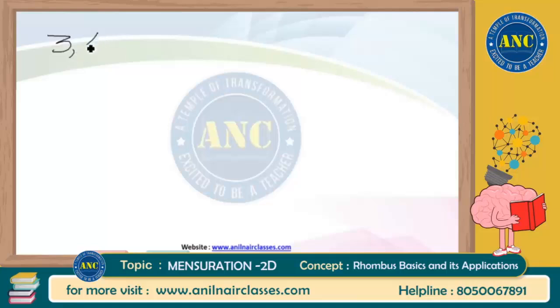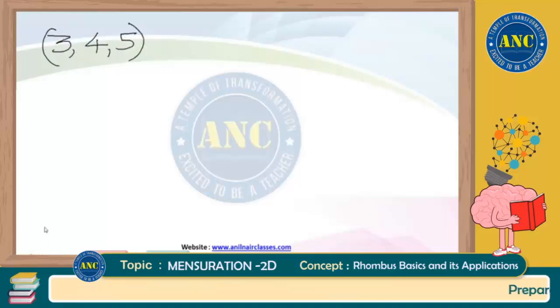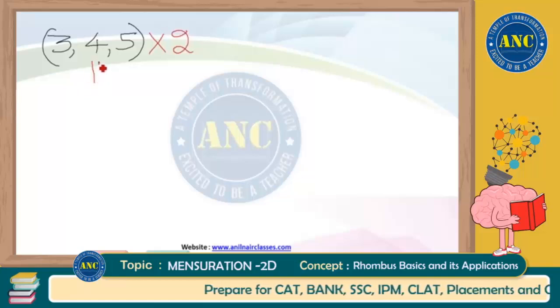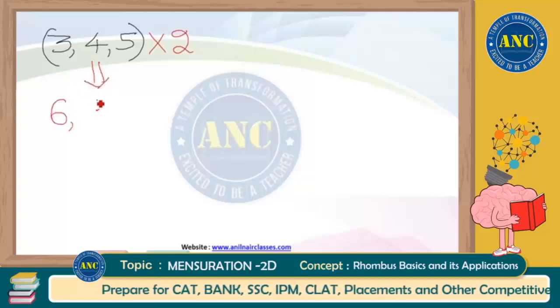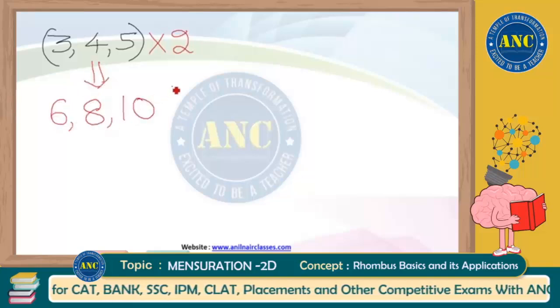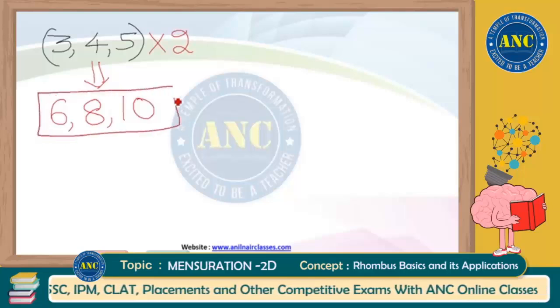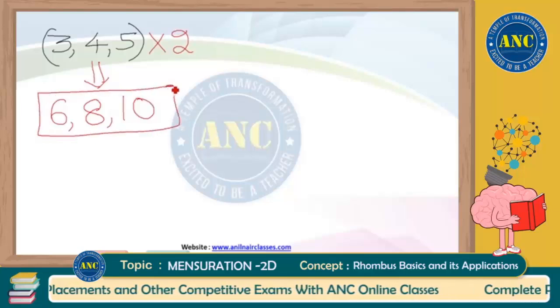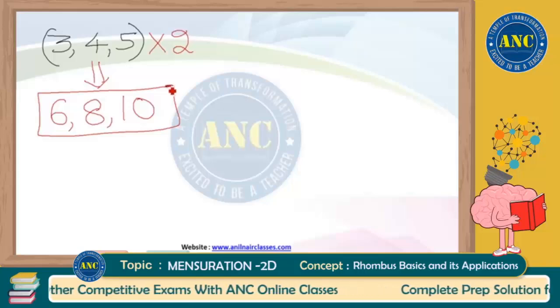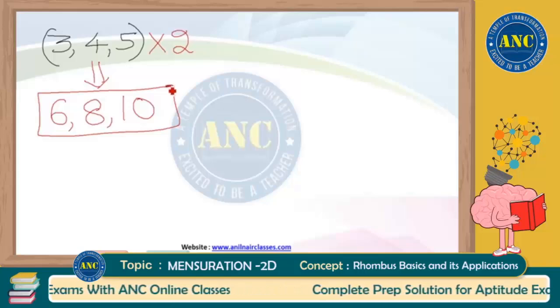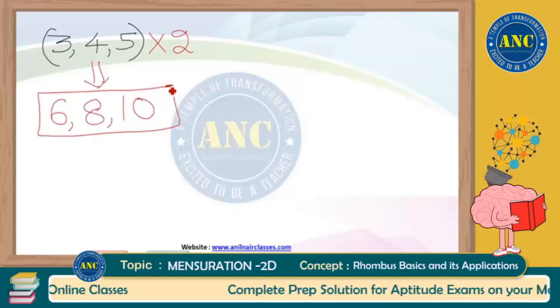Suppose, for example, I already told you that 3, 4, 5 is a basic Pythagorean triplet. I will multiply all these values by 2. This becomes 3 into 2, 4 into 2, 5 into 2: 6, 8, 10 is a derived Pythagorean triplet, derived from the basic Pythagorean triplet 3, 4, 5.